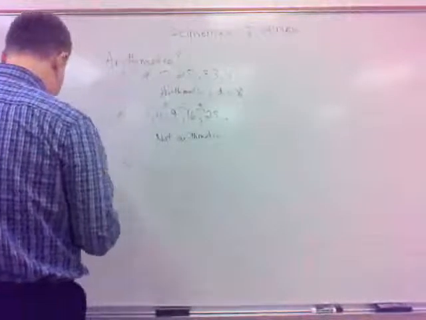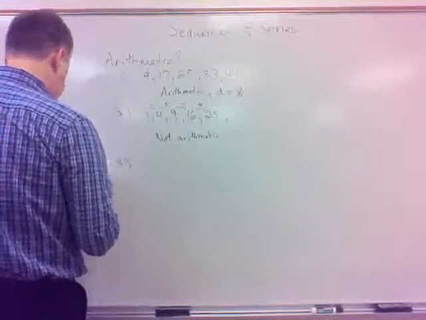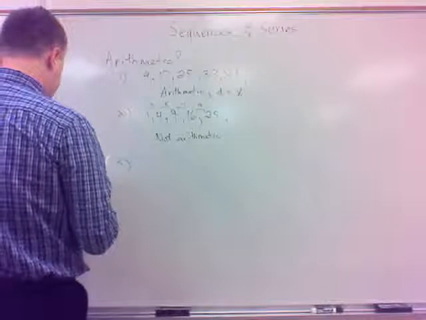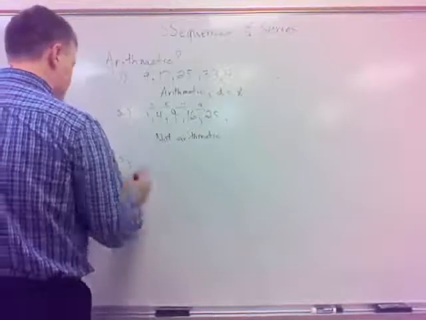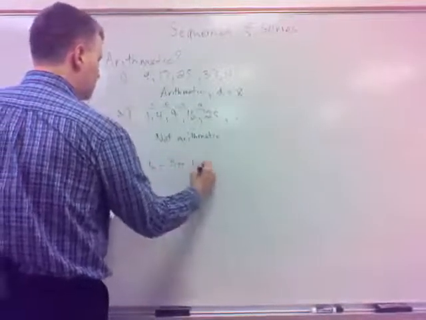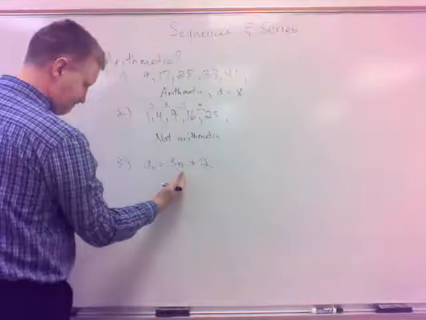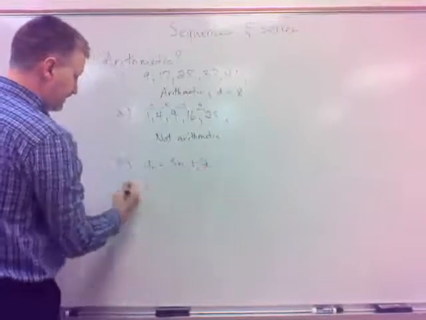Number 3. Is that one arithmetic? Well, without knowing anything else, we might want to look at some terms, right? What is the first term? First term would be 5, right?